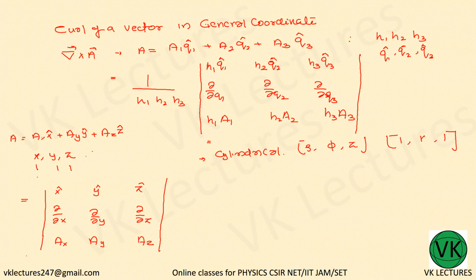Let us just confirm it. So this is 1, rho, 1. Now for the cross product, let us also write down A is equal to A rho rho cap plus A phi phi cap plus Az z cap. That is vector A.